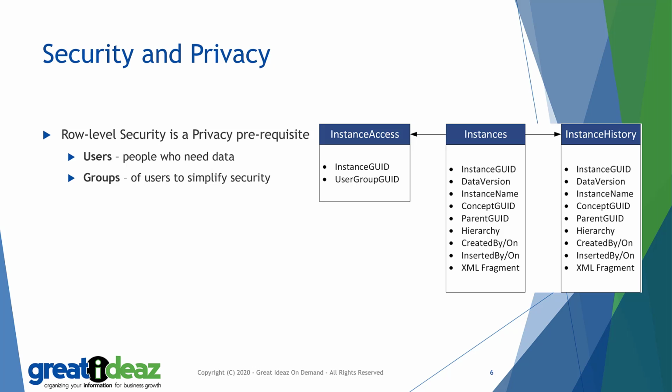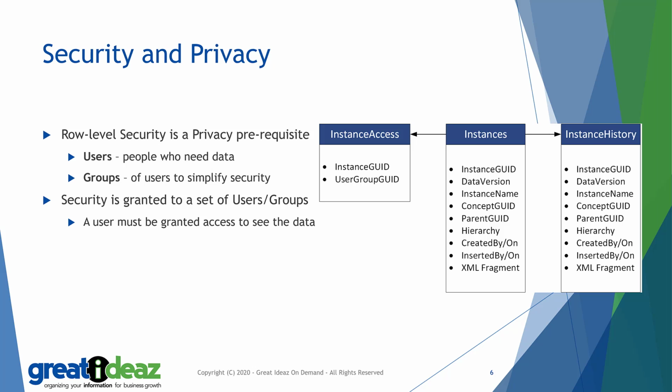In this model, the instance access table is used to grant access to a set of users and groups to specific records. So customer ABC may have an instance record, and access to the instance record for ABC may be granted to a set of users and groups.